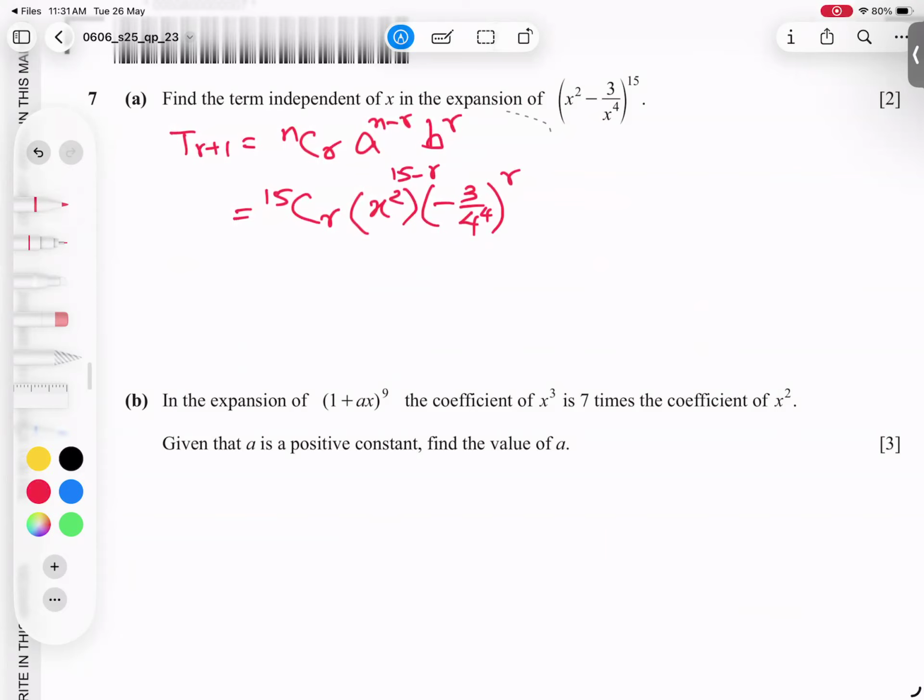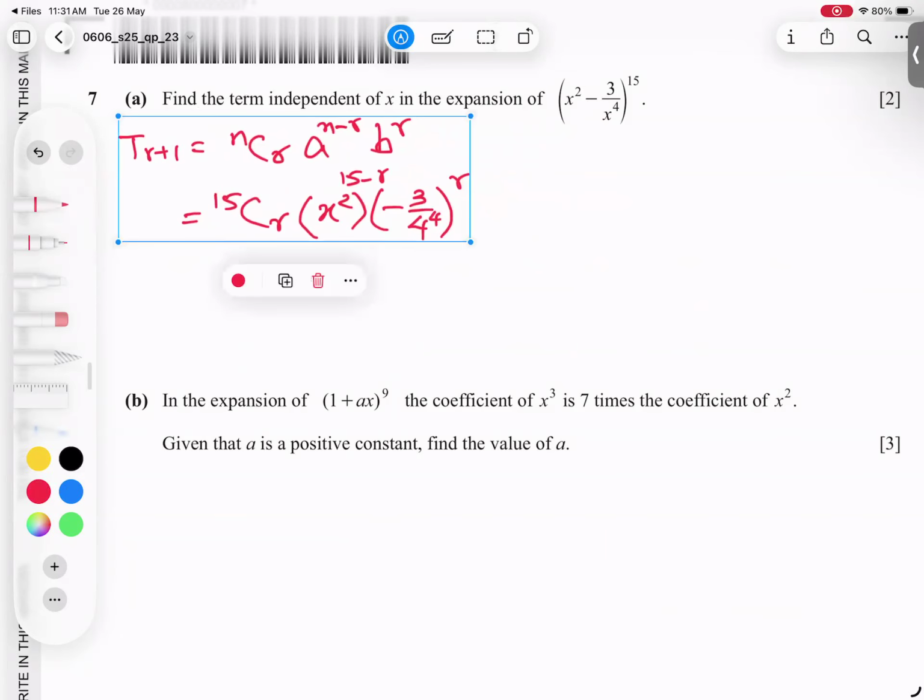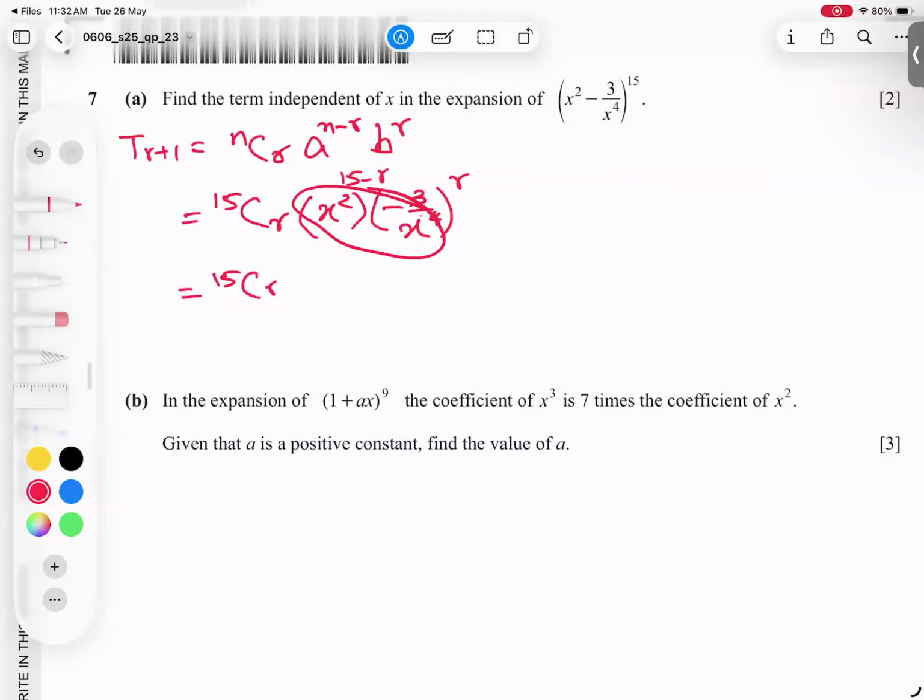Now, student, what I will do, I have to, basically okay, this is the x, I wrote by mistake 4. I have to make x power same, combine x's. So inner power 2, outer power 15. So inner power and outer power, they multiply. I got 30 minus 2r. And here negative 3 to power r separate and x to power 4r.